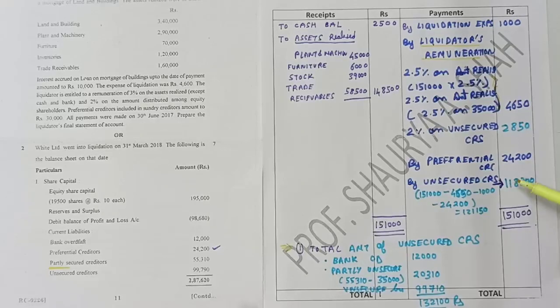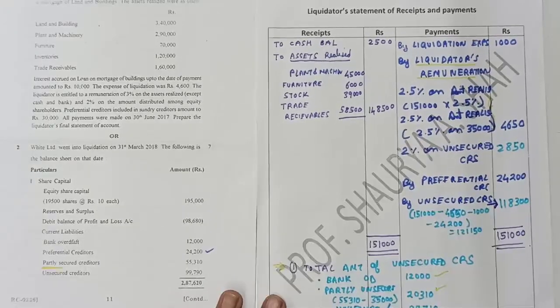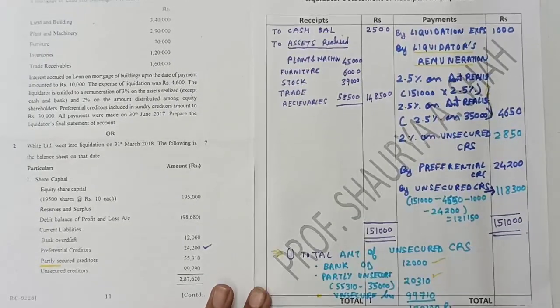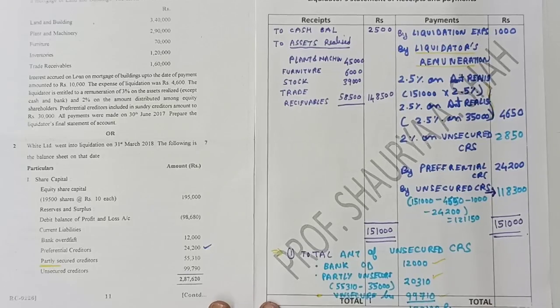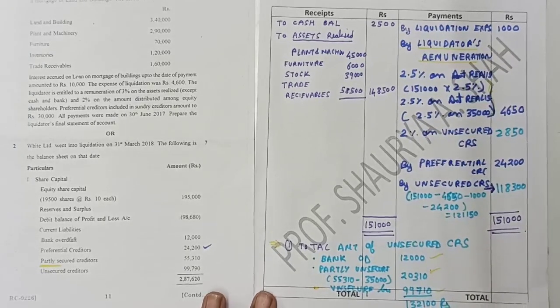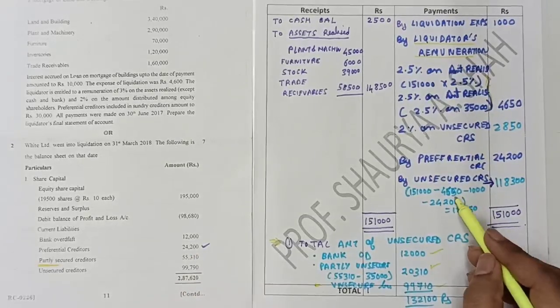Then the unsecured creditors, for which we have done the calculation also. One is your bank OD, second is your partly unsecured, because out of the total only 35,000 is paid to them, and then we have paid the actual unsecured creditors. So the total I have got is 1,32,100, but out of that I have only a certain amount left.